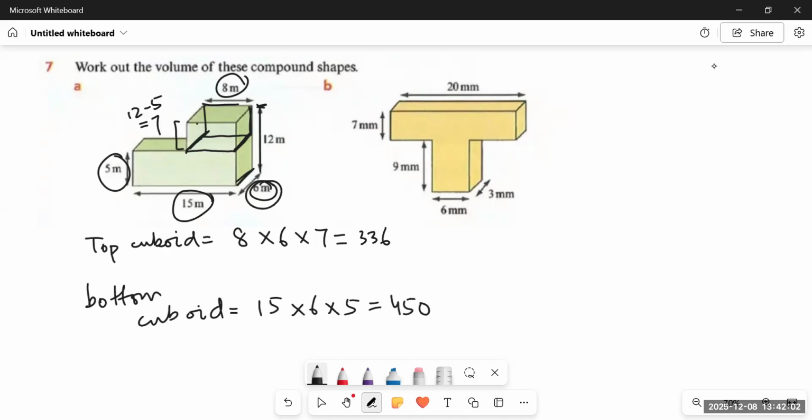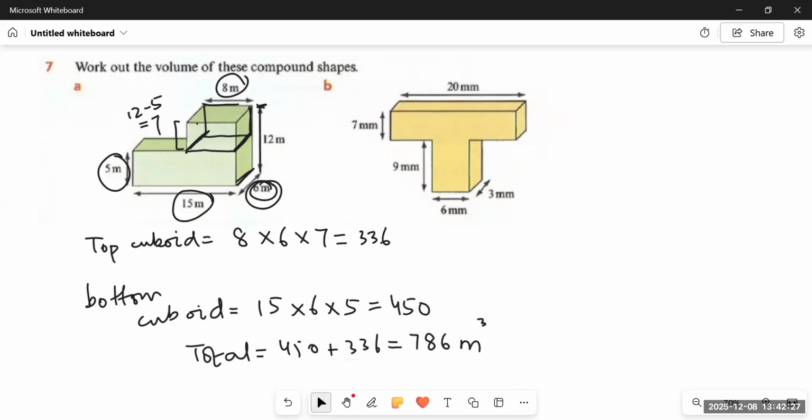Now the total volume would be the sum of the two figures, that is 336 plus 450, which is 786. This is the total volume of this cuboid. And we have to put the sign of meters cubed over here.